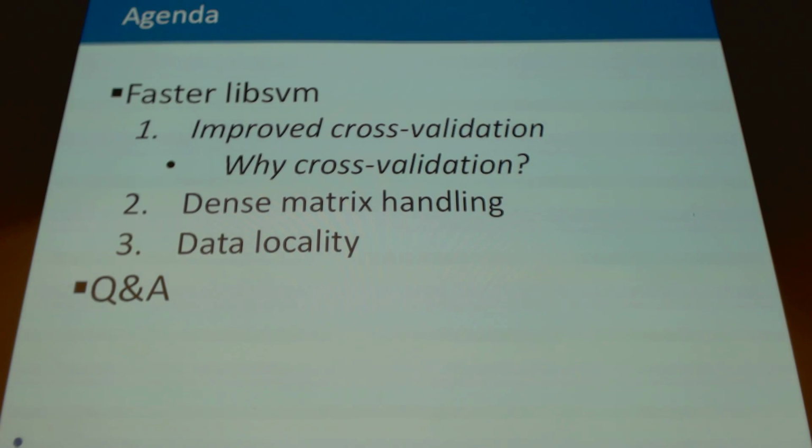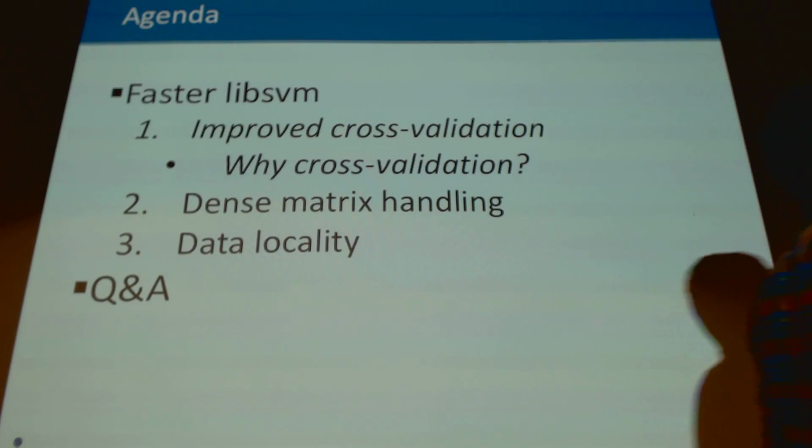So I'll explain what cross-validation is and why it is important to improve it, and show a demo of how much it was improved. And then two other software architectural or data structure changes, which Dejan will talk about. So there are three subjects, really, and then questions and answers.